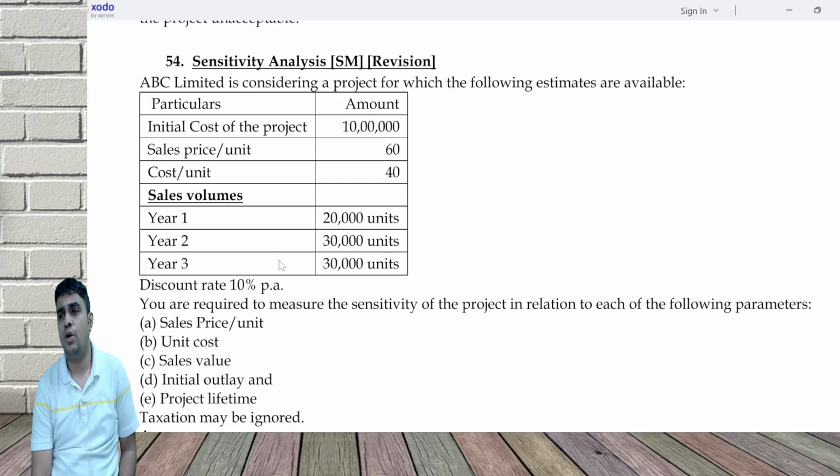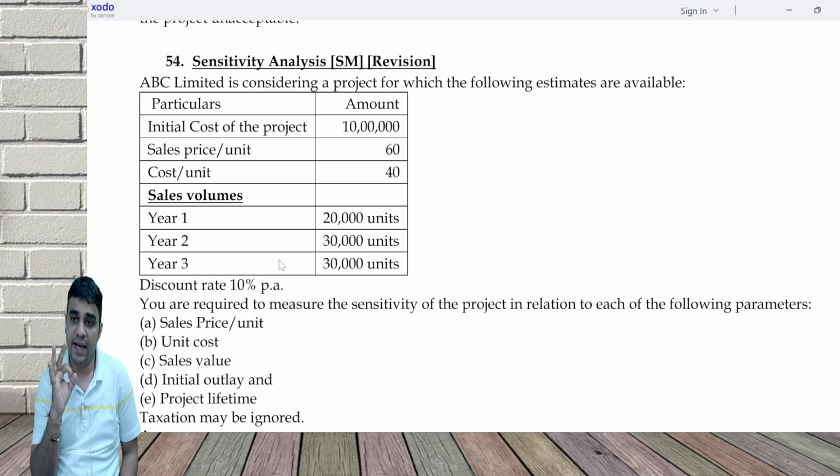Has the question told about any adverse variation to be taken, 5%, 2%? No, we'll have to bring zero NPV. We'll have to get to zero NPV for what they've asked: selling price, unit cost, sales value, initial outlay, and the last trickiest part, project lifetime.